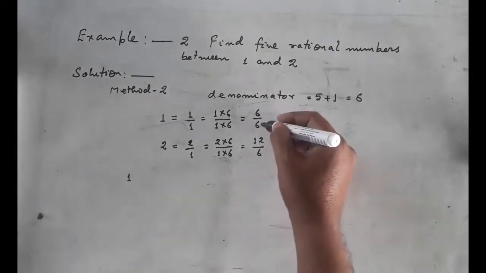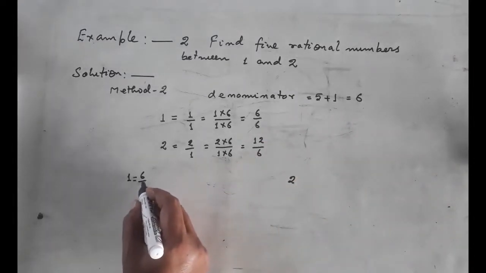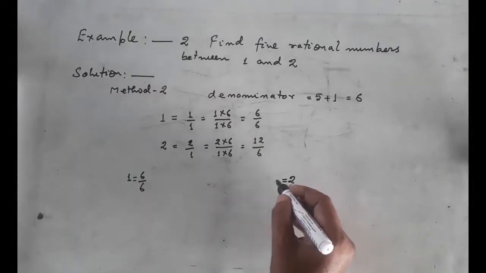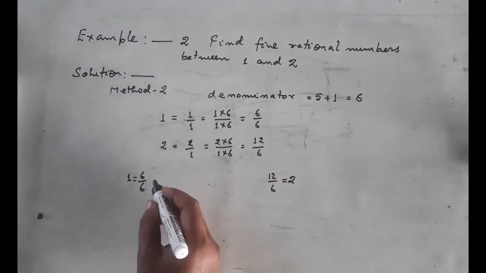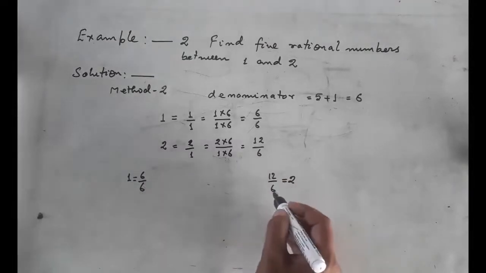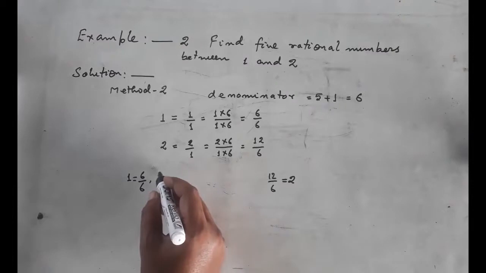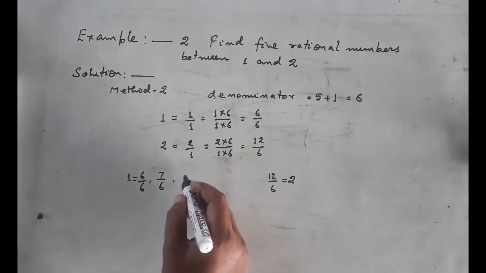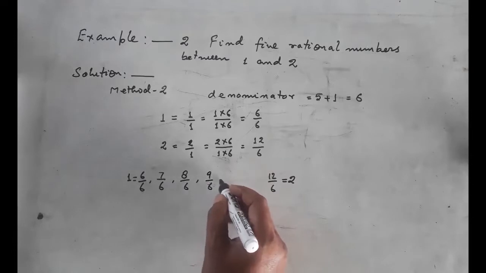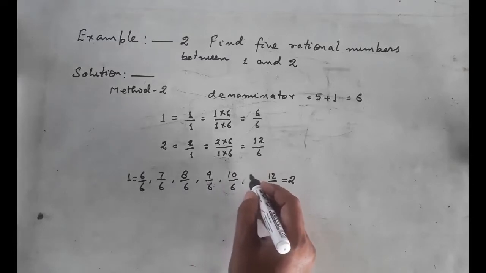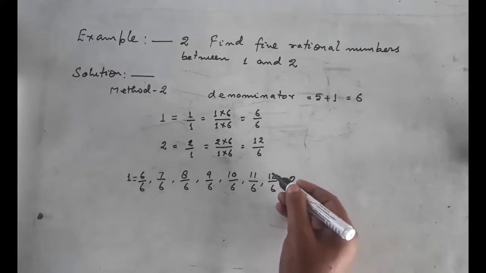1 means 6 by 6, and 2 means 12 by 6. Then between these 6 by 6 and 12 by 6, we find 5 rational numbers such as 6 by 6, next your 7 by 6, next your 8 by 6, next 9 by 6, next 10 by 6, next your 11 by 6, and next is your 2, that is 12 by 6.